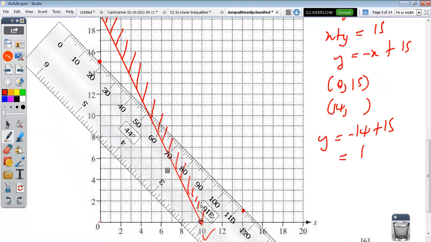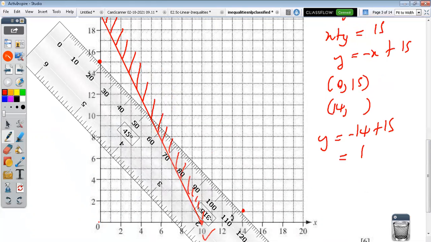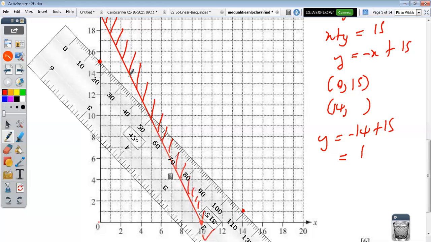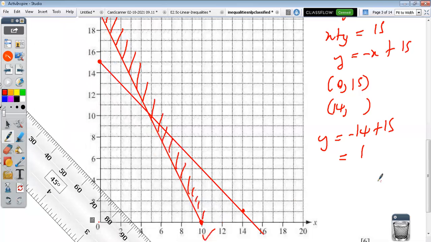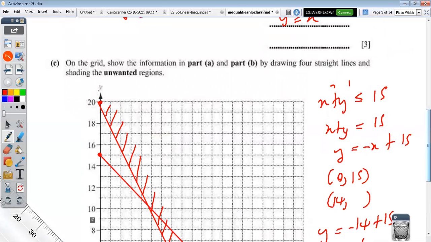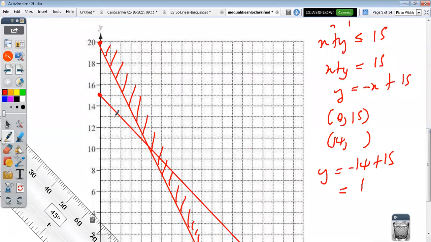Like this. Then again, if we read the question, we want values less than or equal to. So we don't want values above the line. Like this.